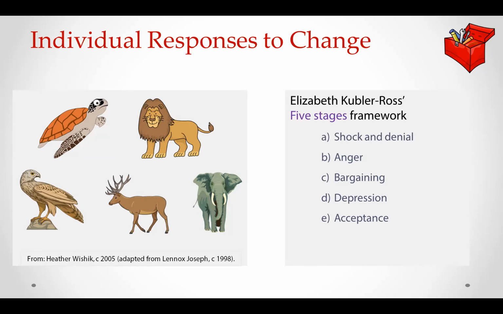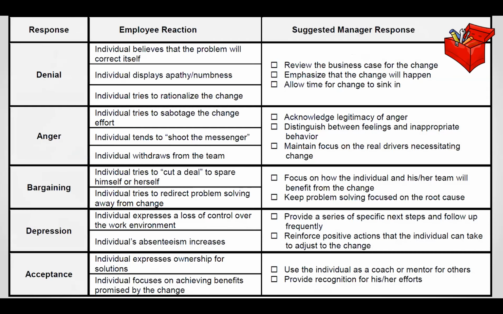We also looked at this particular table, which is there in that change management leadership guide, which gives you some useful and helpful tips on how to deal with employee reaction of each of these 5 different kinds. Okay, so this is where we stopped last week.